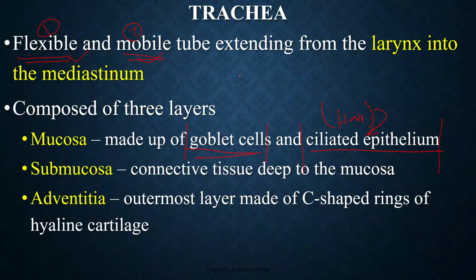So let's say this is the trachea. I'm trying to draw the trachea. Let me rub everything in my slide so that you only see one drawing. I'll use a red pen.